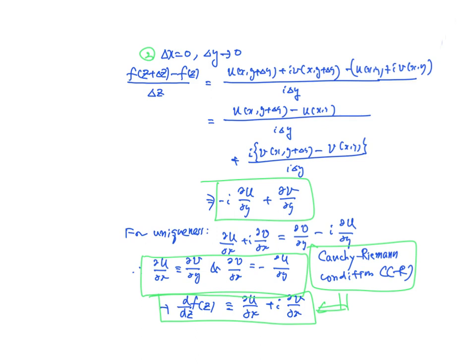The second condition for the Cauchy-Riemann condition is partial v partial x must be minus partial u partial y.